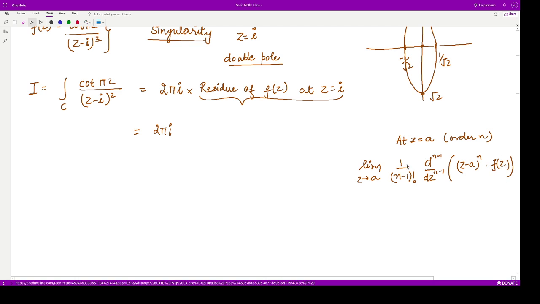So this is the formula to calculate the residue. We just apply the same over here.